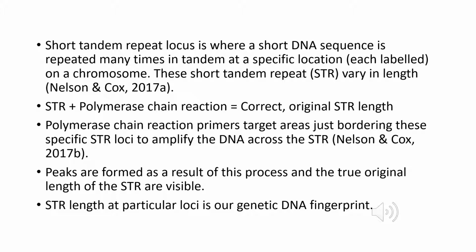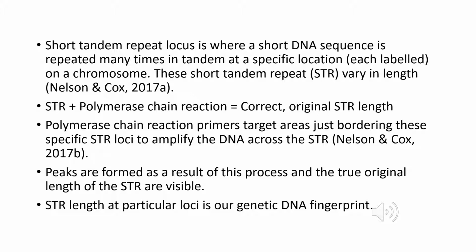Polymerase chain reaction primers are targeted to the bordering DNA to amplify the DNA across the short tandem repeat. These primers also contain a dye colour that assists in individual evaluation at specific loci positions.